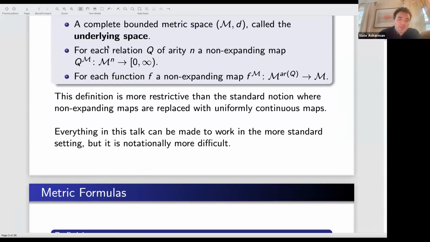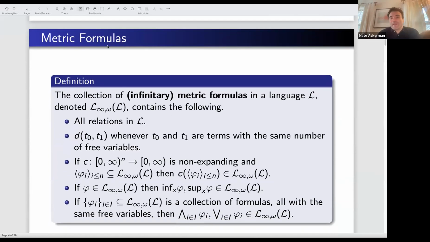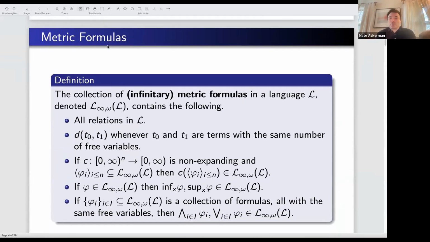Okay, so what is a formula? Now that we defined a structure, we want to be able to talk about the analogs of formulas. Just as classically formulas are built up from terms, functions, and relations, we have them built up similarly from terms, functions, and relations, but with one new, more complicated type of operation.